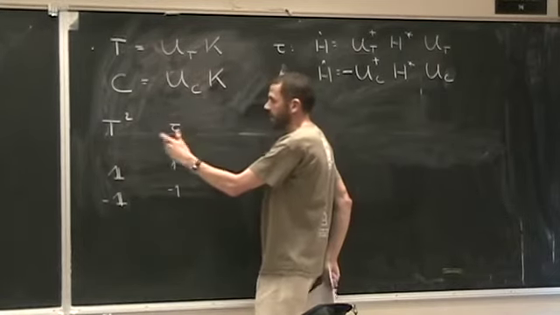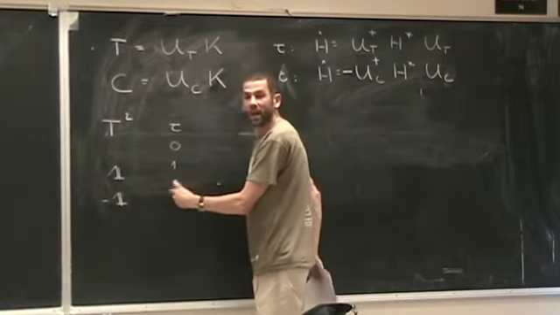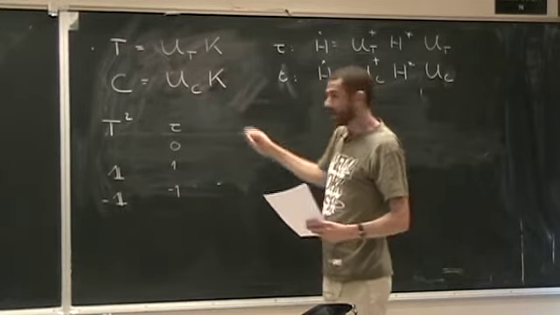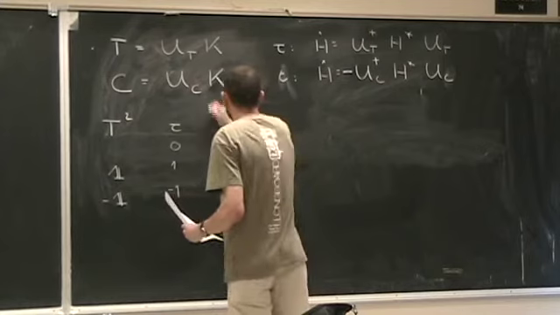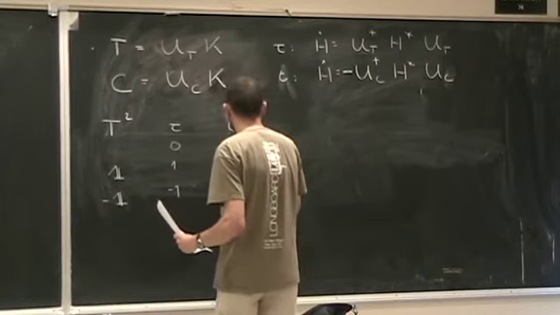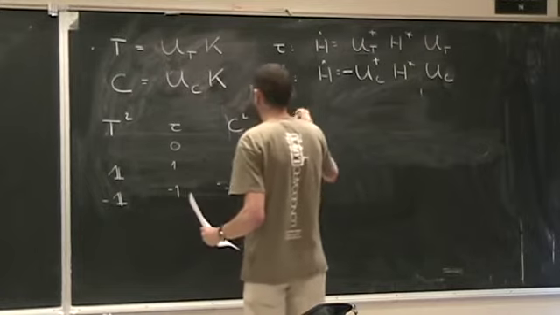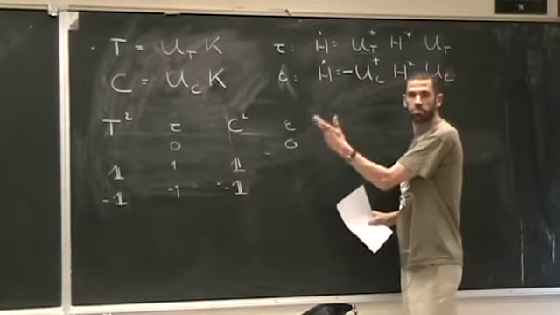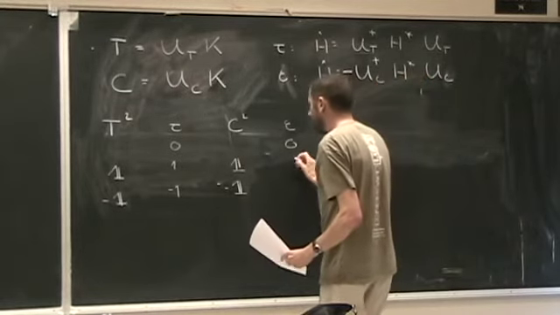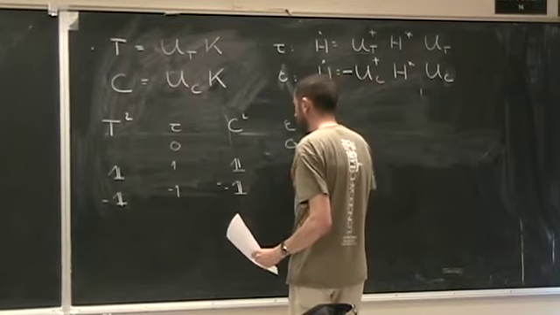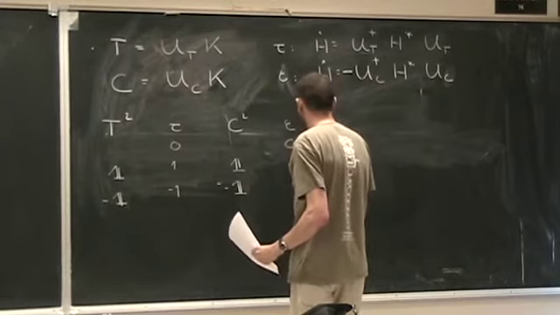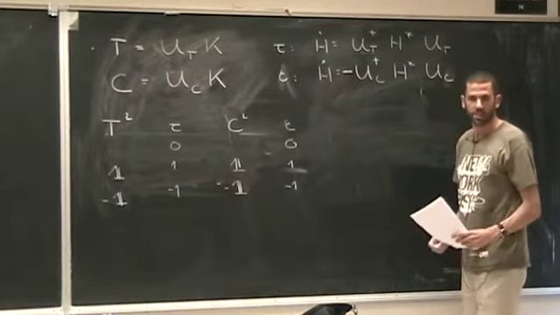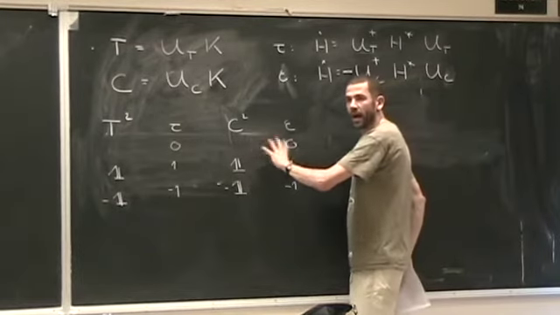Now we can play the same game with C. C squared can be either 1 or minus 1, and our Hamiltonian can have no particle-hole symmetry, it just doesn't know about it, normal metal, or it can commute with C in the situation where it squares to 1, in which case we call it C 1, and this C minus 1. So we immediately see we get 9 different situations under T symmetry.